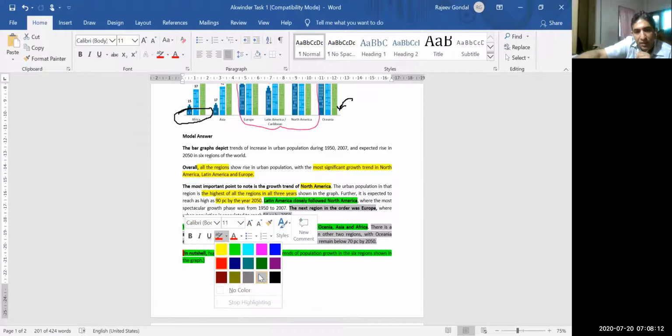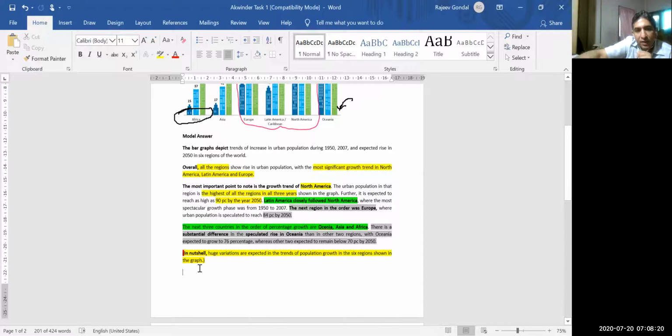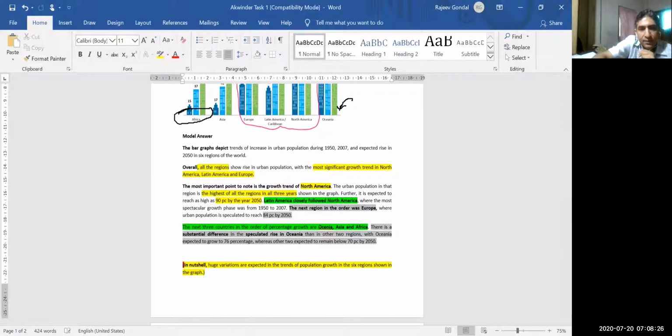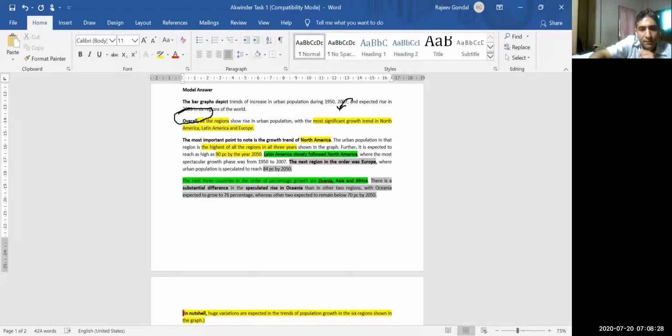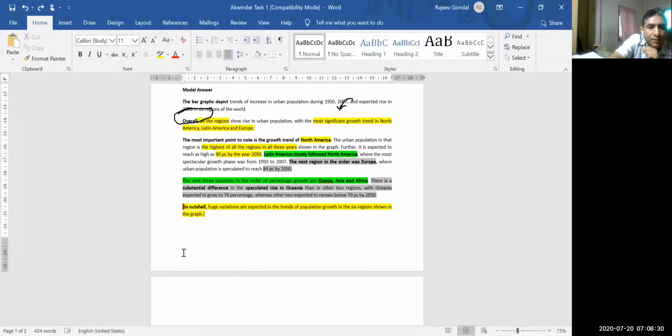I'll make it a little lighter. Fine, this goes well. So this you will write only in case required. So I'll just put a little space here. So in case you need to write, then only you write this. Otherwise, no need to write this one.